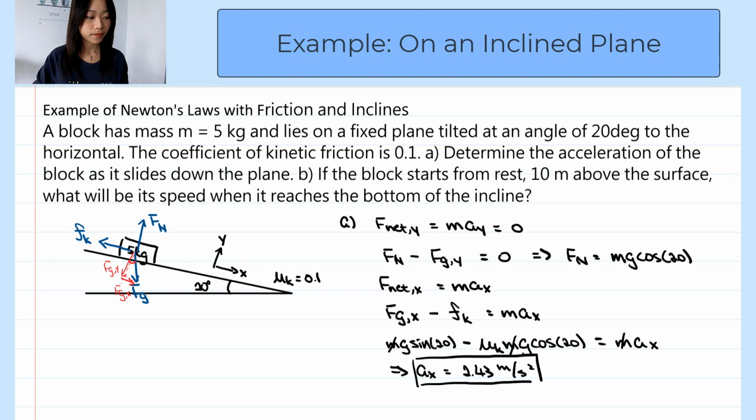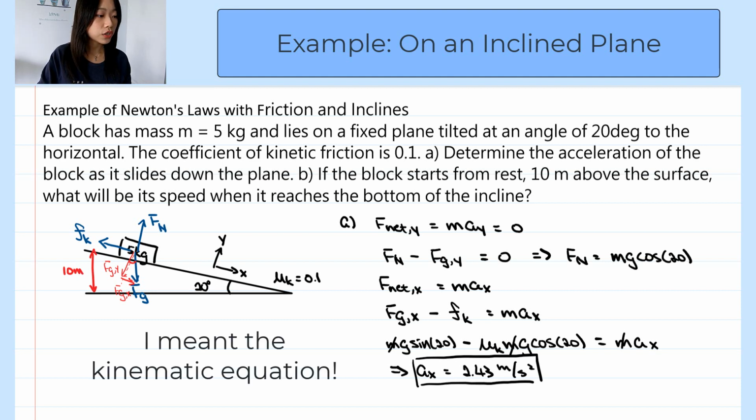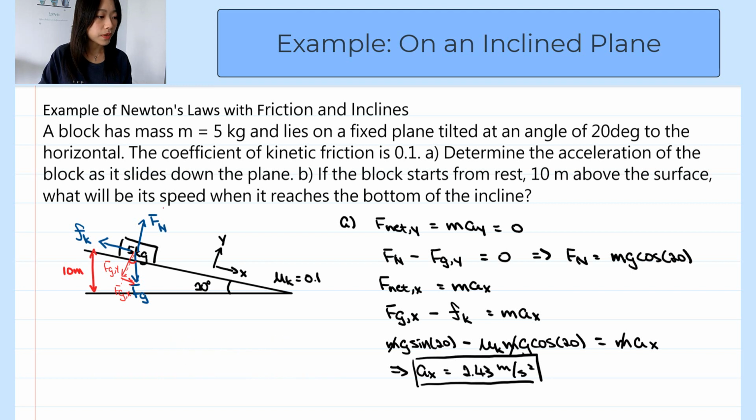Then in part B, we want to find the final speed when the block reaches the ground. It's given that its initial height is 10 meters above the ground. To find the final speed, we want to use the kinematic equations, and the distance traveled would be this part. Let's call this D. We can use geometry to relate the height, the distance traveled, and the angle.